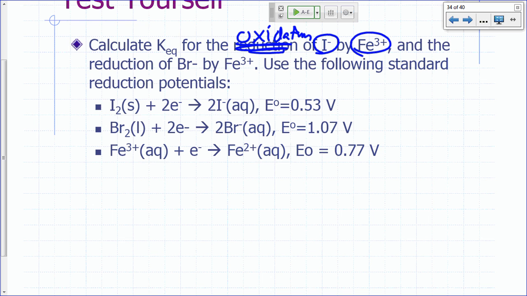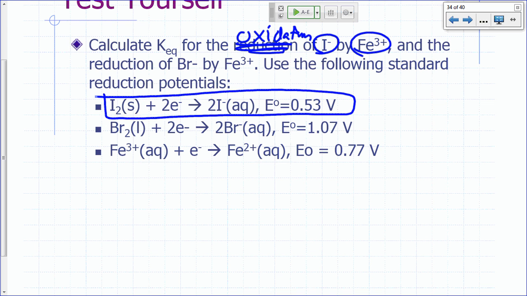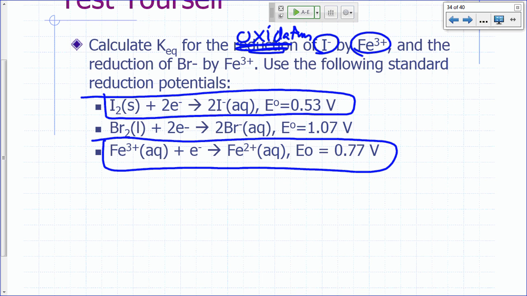So I look up the standard reduction potential of I2. It's that. And iron is this one. Your iron can be reduced to Fe plus 2. So if it's reduced, it can cause something else to get oxidized. So let's say you want it to oxidize iodine. So what's the oxidation reaction then? I have to flip this one to make it an oxidation.